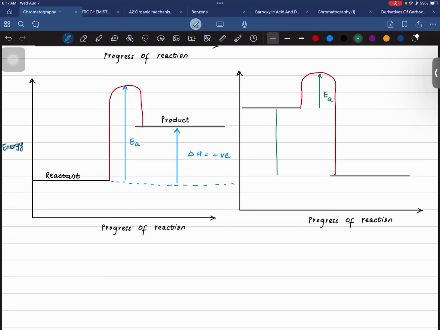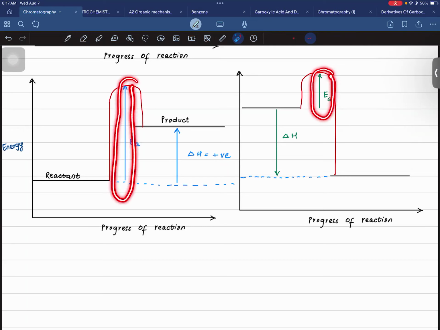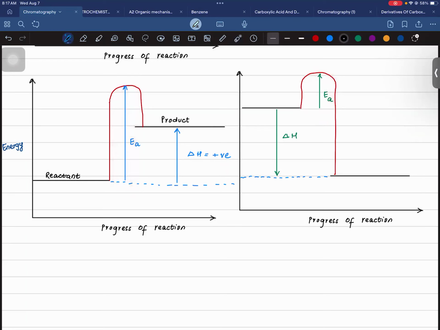This was delta H. So remember, if you compare the arrows of activation energy for an exothermic system and for an endothermic system, activation energy is quite higher for an endothermic system.